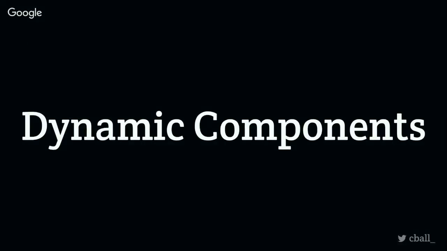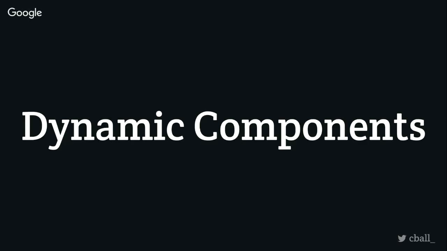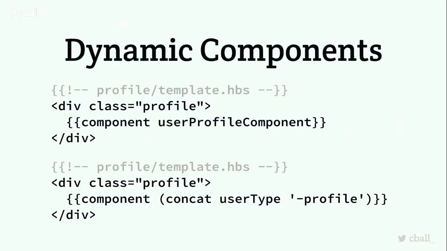Okay, so another building block inside of components, we have dynamic components. So we touched on this a little bit with the contextual components that I mentioned, but it uses this component helper. And if you remember way back, I basically used parentheses and a head component inside of it. Since it's a helper, you can invoke it that way with the handlebars sub-expression.